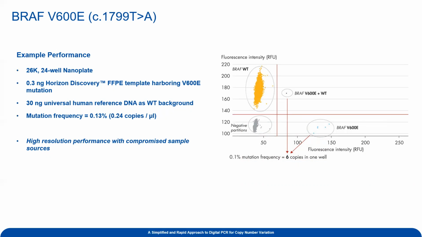So in total, we have 6 copies per well, which gives us a 0.1 mutation frequency, right? So if you wanted lower than that, because the wild type is really what determines your variant allele frequency, if you want to push it down and detect more rare targets, you can pipette across multiple wells and then merge those together in the analysis.